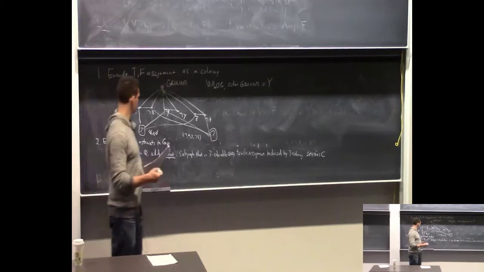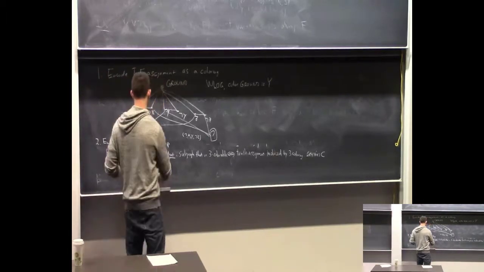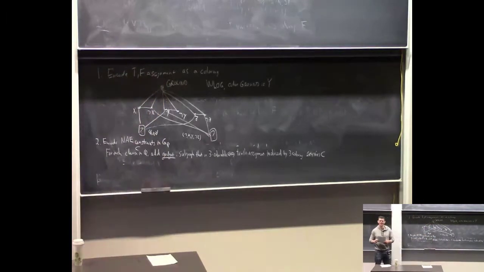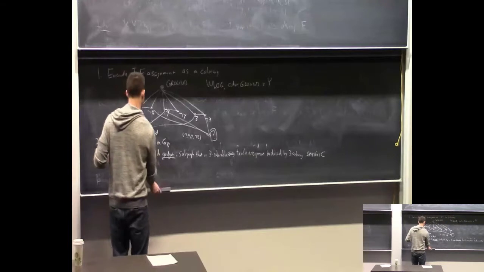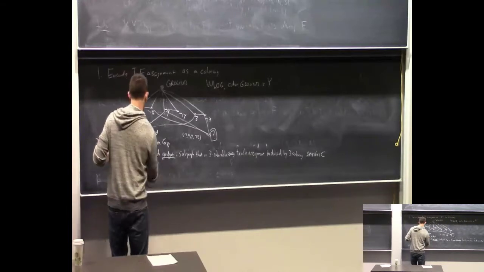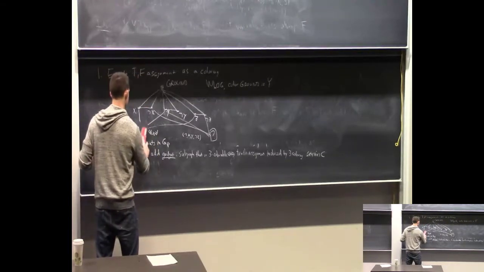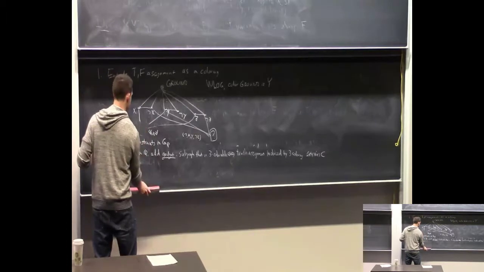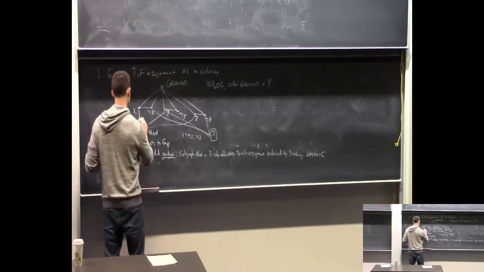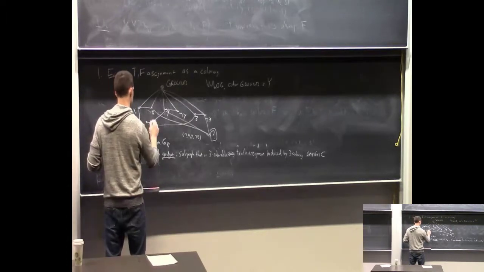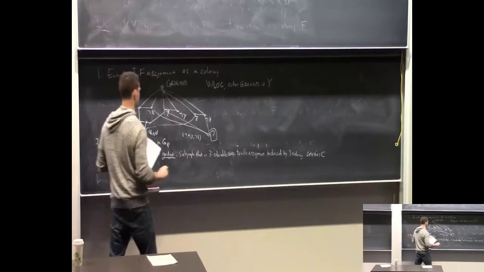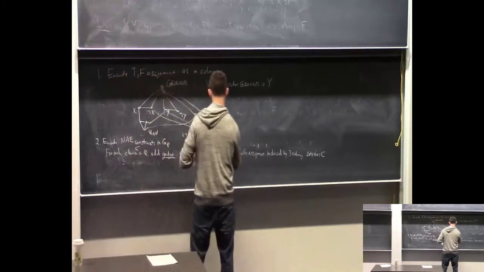And it turns out the answer is straightforward. Does anyone have an idea of how we can do this? It's quite straightforward. All we do is we just make a triangle. And do the same over here.